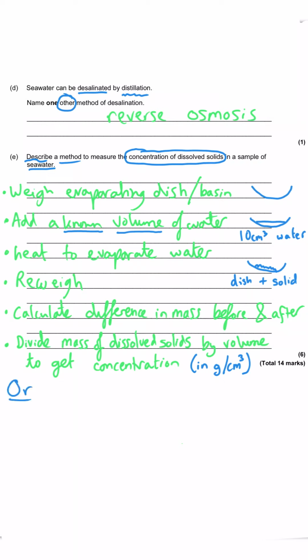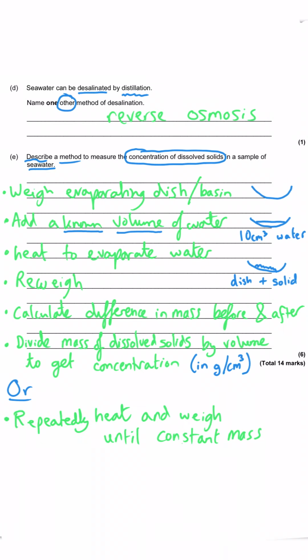Or we could talk about repeating our method or carrying on heating a bit further until the mass remains constant. That's called heating to a constant mass. And what that does is that allows us to be confident that we have removed all of the water that was in our original sample, and we haven't got slightly damp solids in the bottom of our basin.